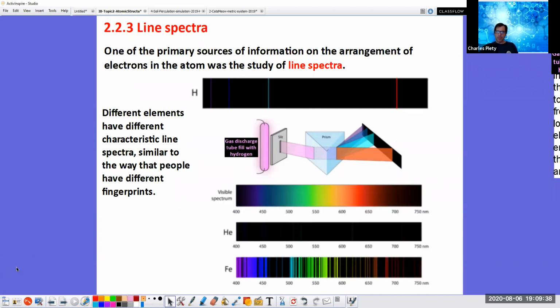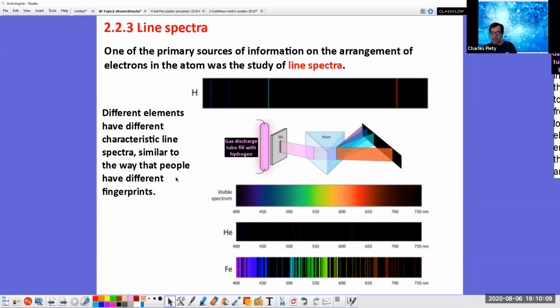So now let me show you a couple other bright line spectra here and a continuous one. This is the rainbow that we see from white light, because white light coming from the sun is a mixture of not just hydrogen and helium, but many other gases. Okay, so it's important to note that different elements have different characteristic line spectra, similar to the way that people have different fingerprints.